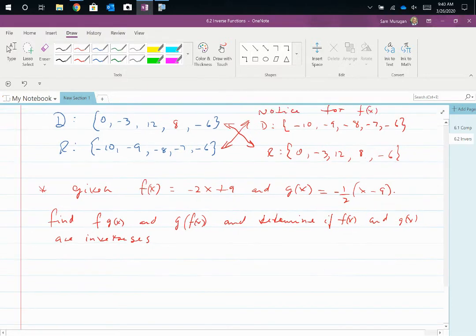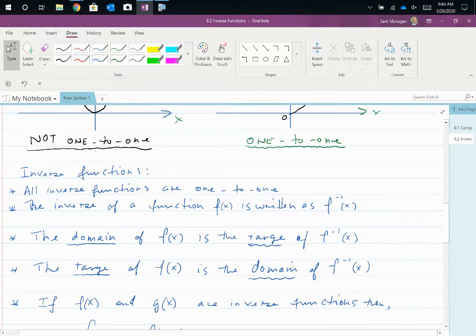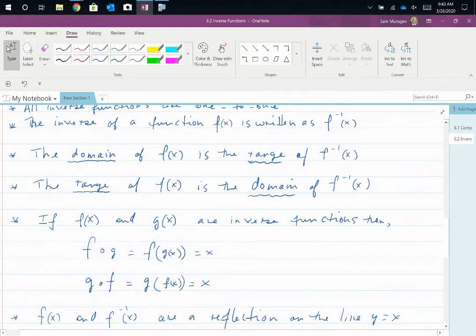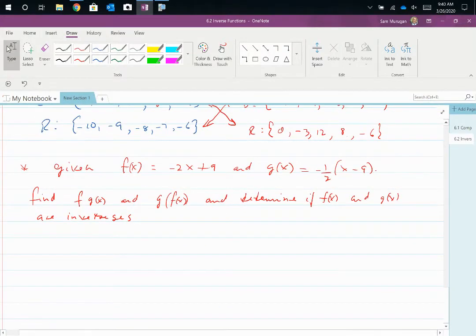So we said in our definition that the composed functions must equal x in order for them to be considered inverses. So let's go ahead and give this a shot.